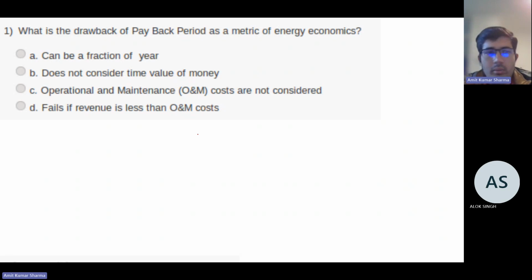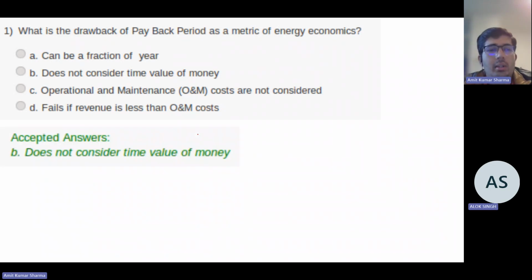The answer for what is the drawback of payback period as a metric of energy economics is that it does not consider the time value of money.